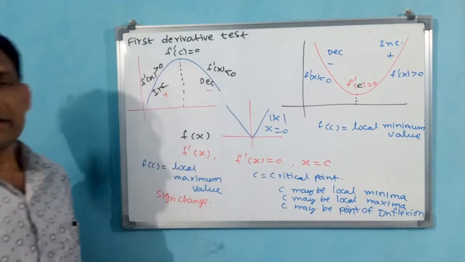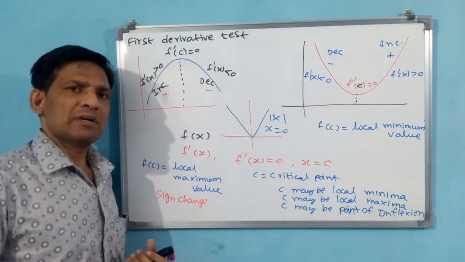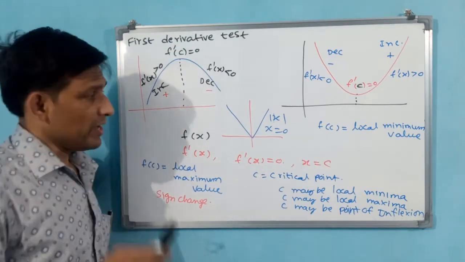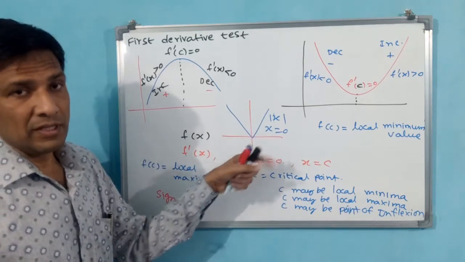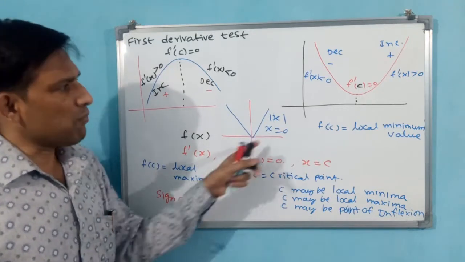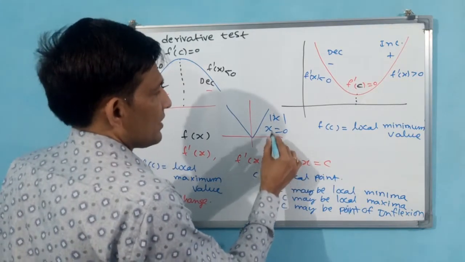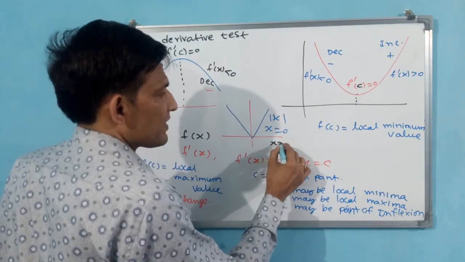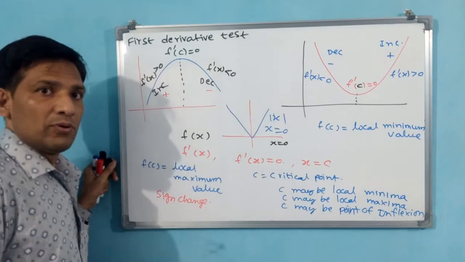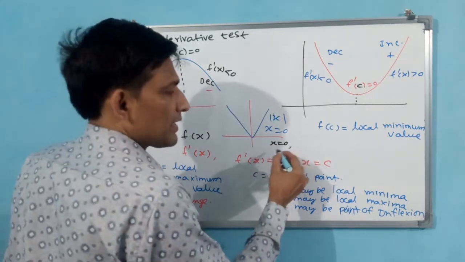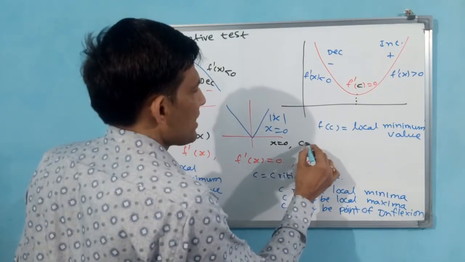But can we find local minima and local maxima? Yes, definitely we can. Where it is not differentiable, you make that point c, the critical point. Here modulus x is not differentiable at x equal to 0, so you take that point as c.